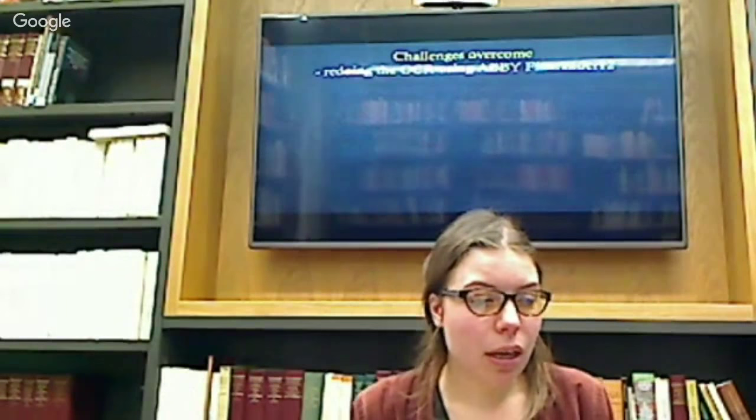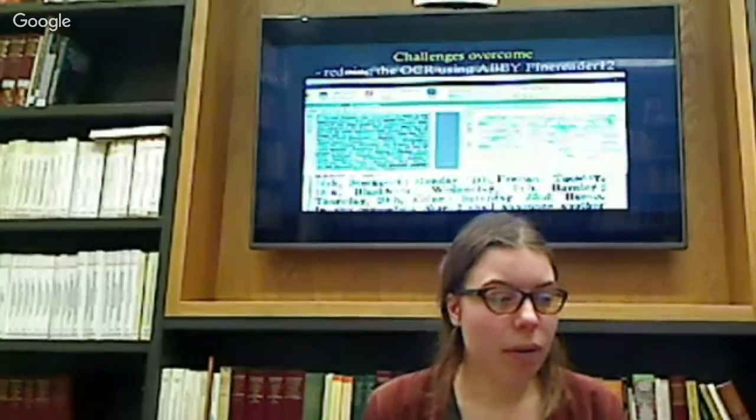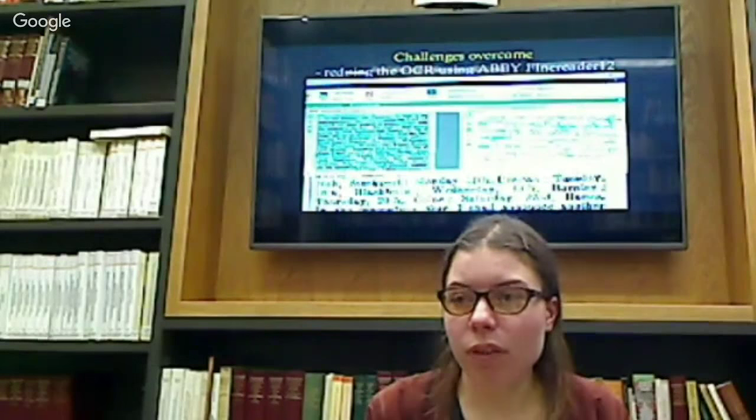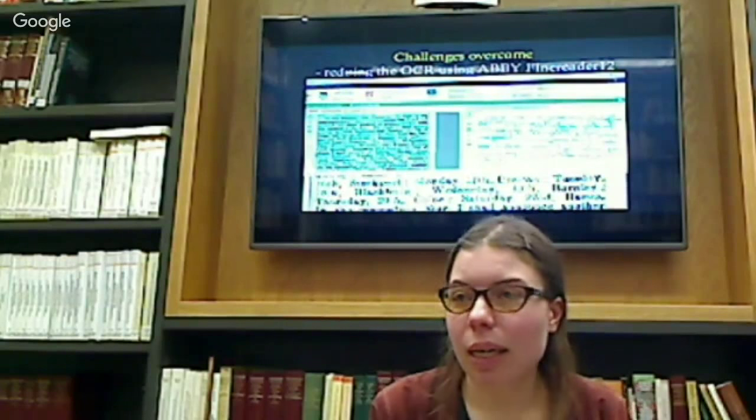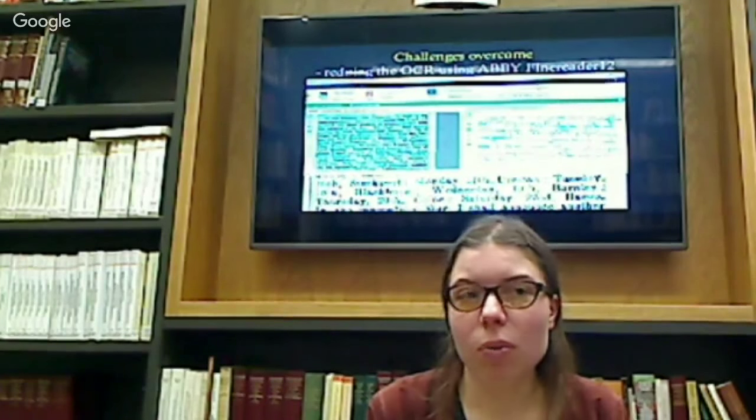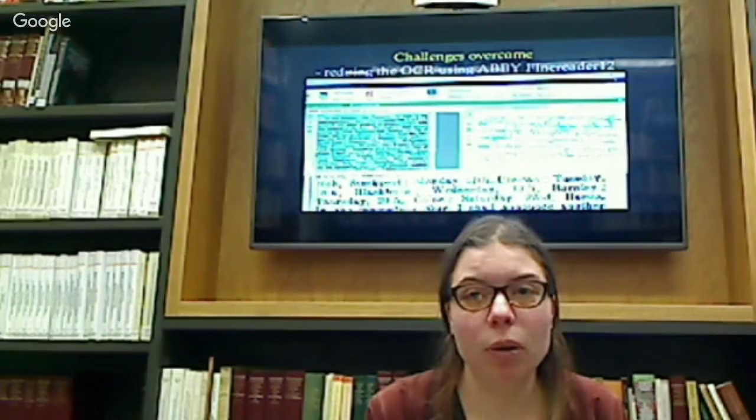So how did we overcome them? One of the things that I thought we would have to do, and what's in the title of the paper today, was crowdsource the transcription of the newspapers.